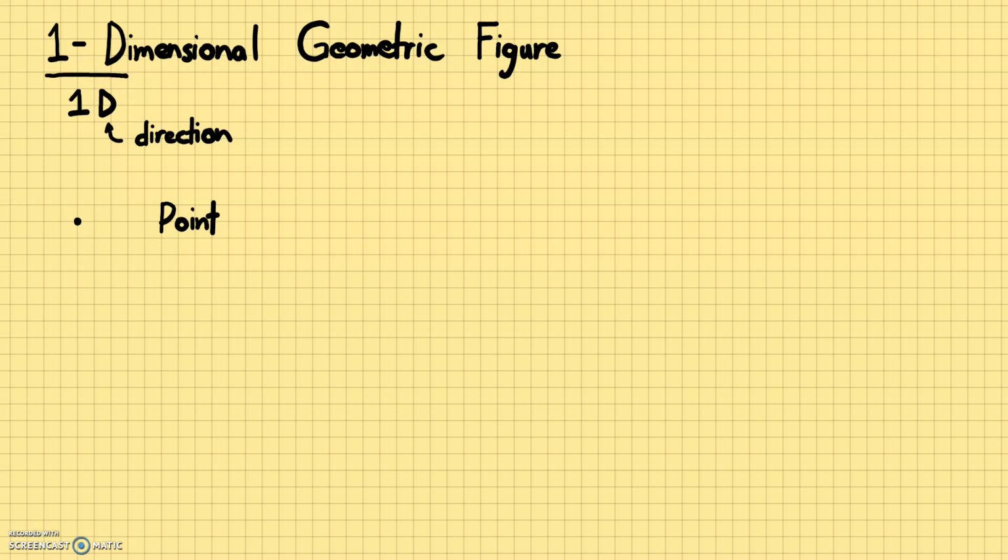So this right here is a point, and if you connect a lot of points like this, you will eventually get something that looks like this. I've connected all the points, and now it looks something like that. This is called a line segment.